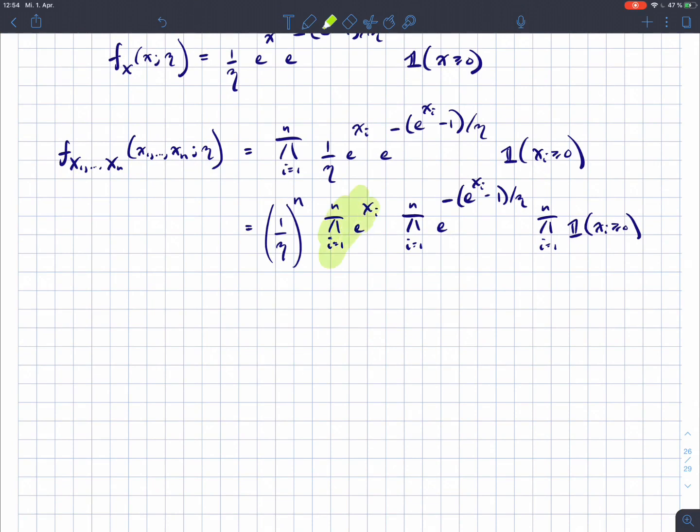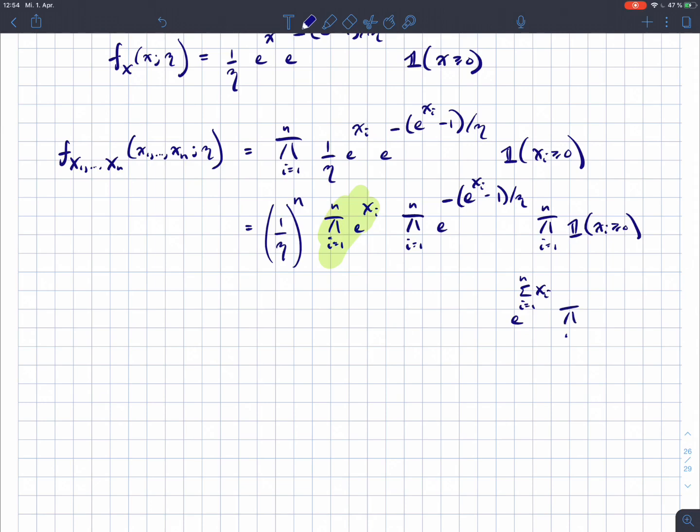If I look at this thing, this is like e to the x1, e to the x2 times out to e to the xn, which is e raised to the sum of the xi's. So I'm going to put that over here, e raised to the sum of the xi's.